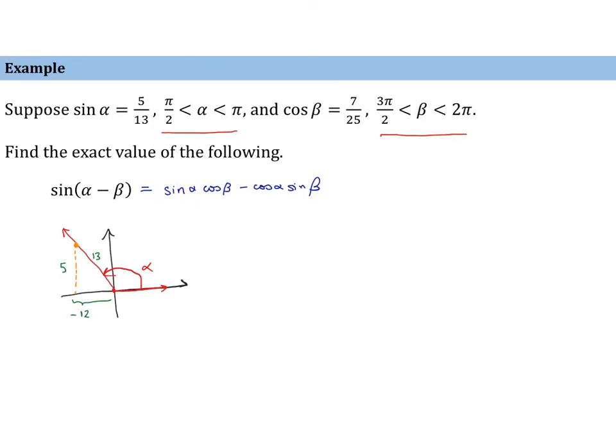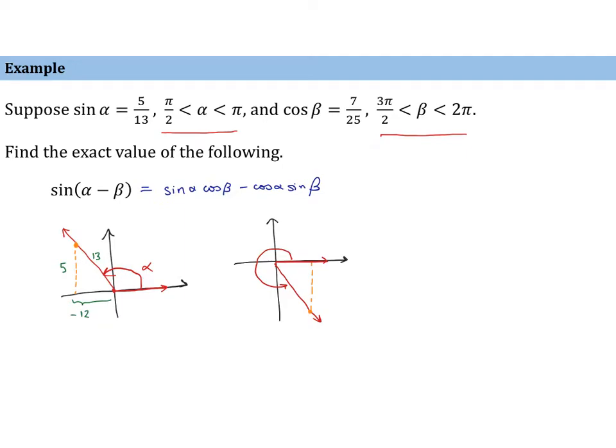Likewise for beta, we know that this is in the fourth quadrant. And we can again drop a perpendicular to our x-axis.